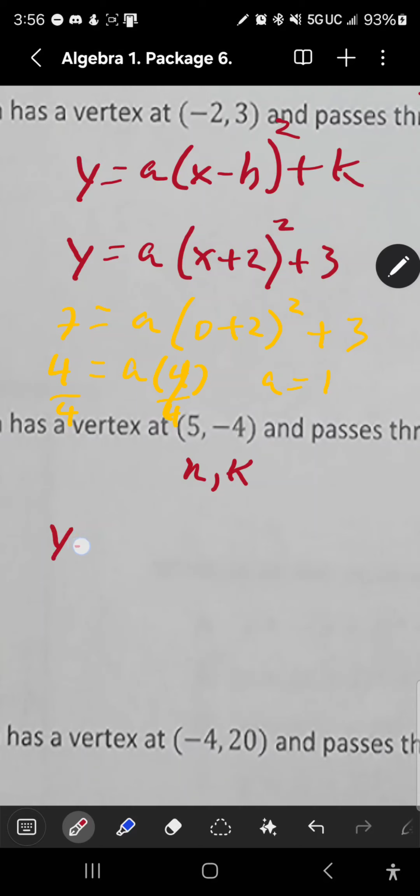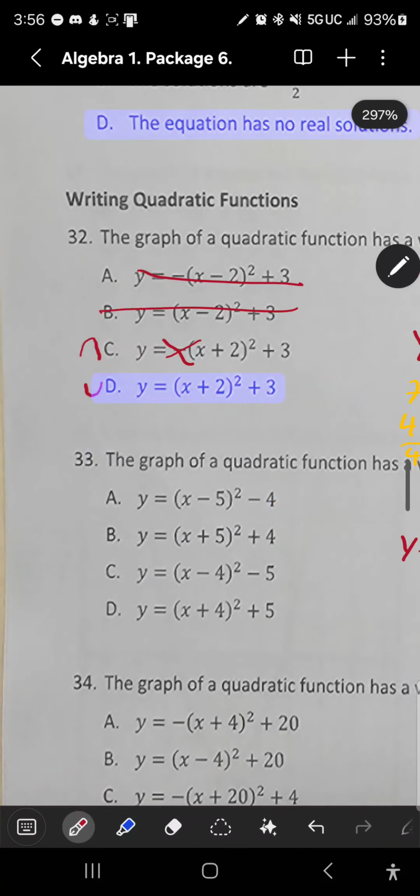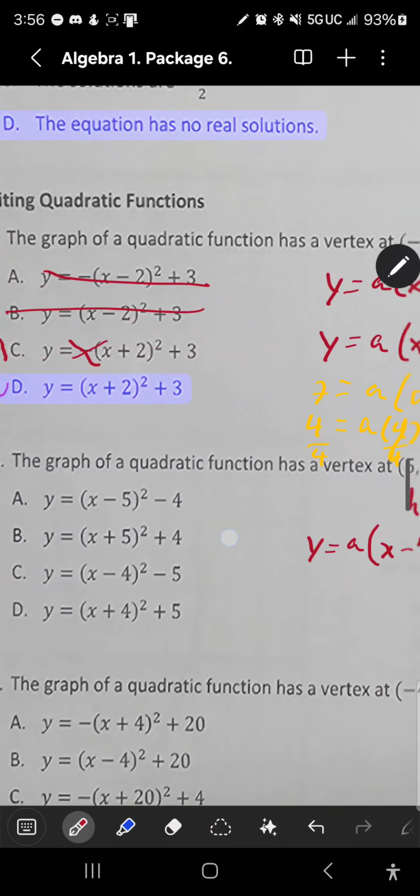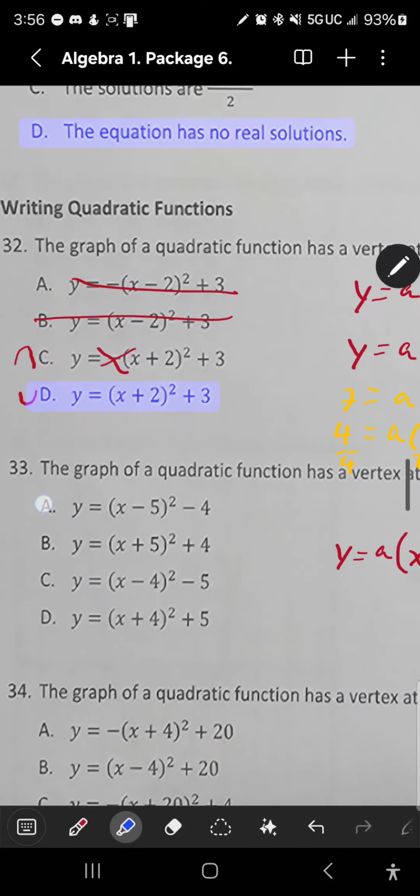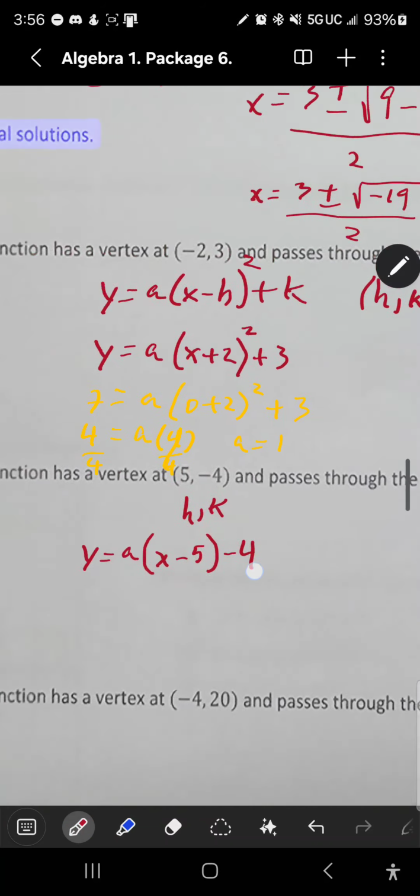So the equation will be y equals a, we don't know a, times (x minus h), so x minus 5, plus k, where k is negative 4, so it will be minus 4. Now let's see, minus 5 and minus 4. Yeah, we have it here. We don't need anything else. This is wrong, this is wrong, this is wrong. So that's the formula.